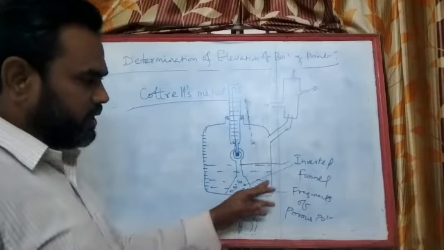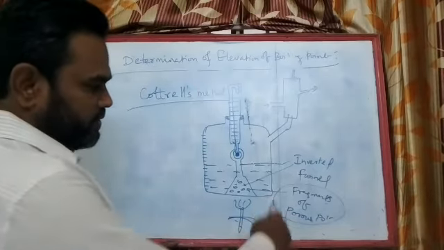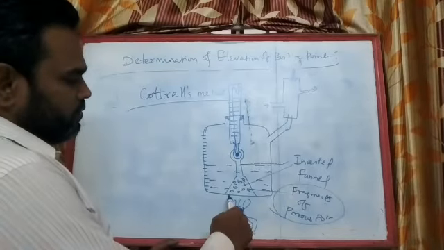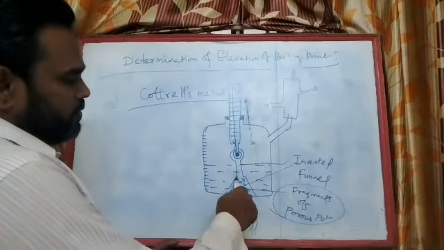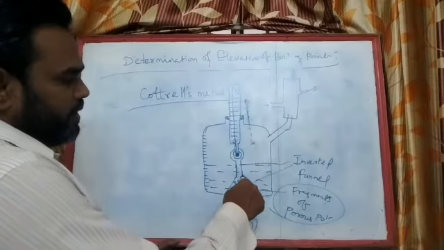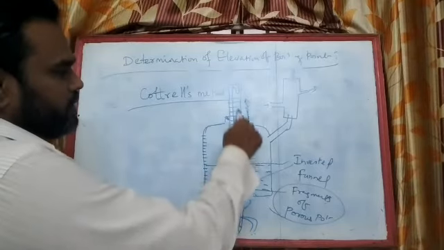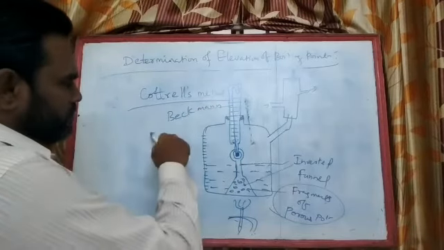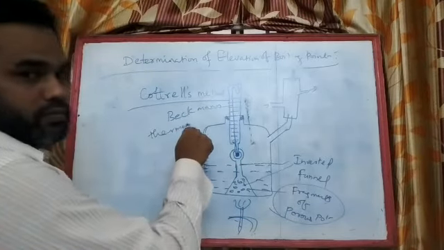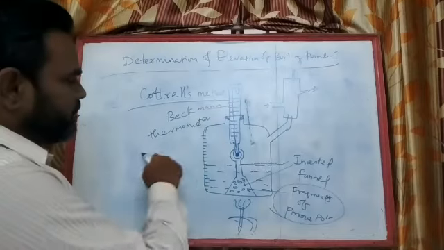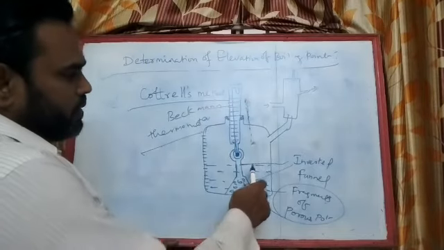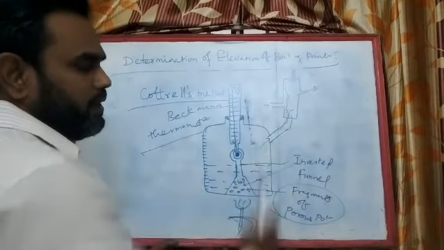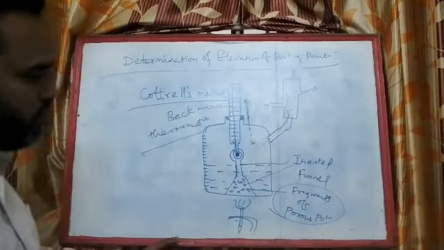This is an inverted funnel with porous fragments. The edge of the funnel is coupled with a Beckman thermometer, and the excess vapors will pass through this and get condensed.